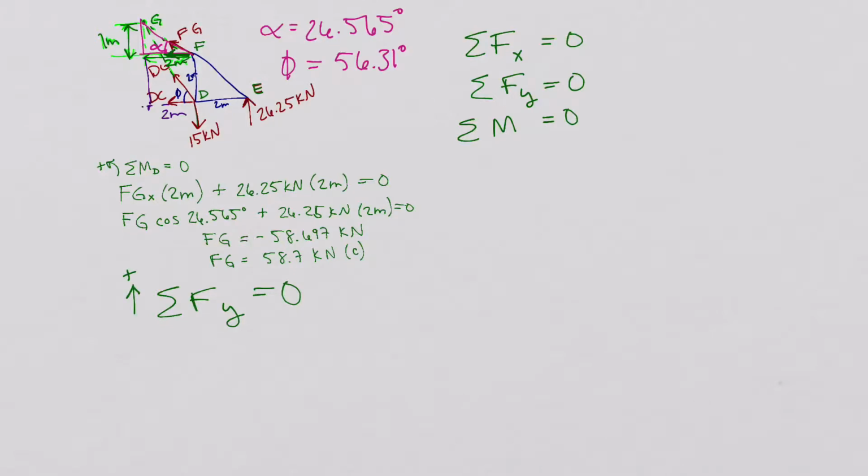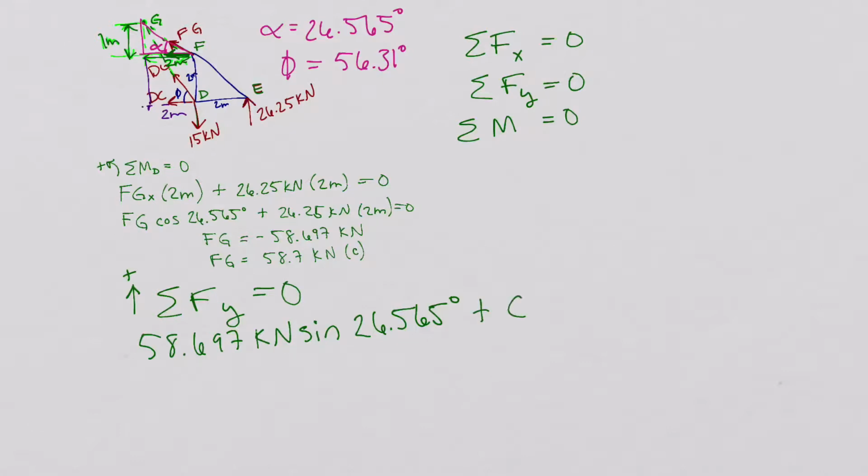So the y component of that FG force would be that 58.697 kilonewtons times sine of that 26.565 degrees. So that's the y component of that force.